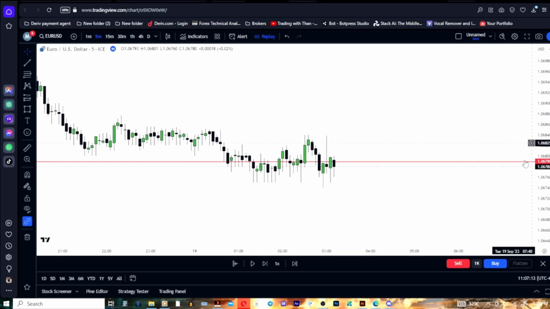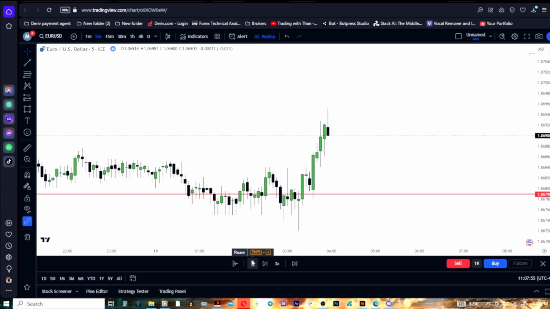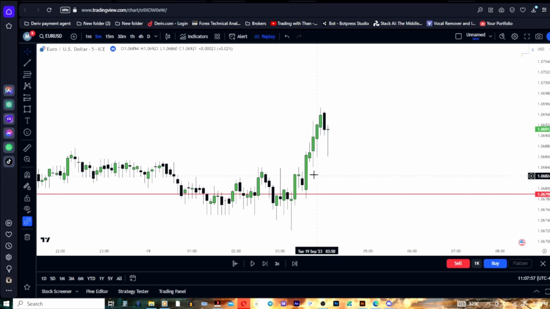Okay, for this example, we're going to be doing a bullish example. So we need to find our swing low and swing high. So let's just play price here and let's see how it goes. Okay, we've got our swing low and our swing high there.